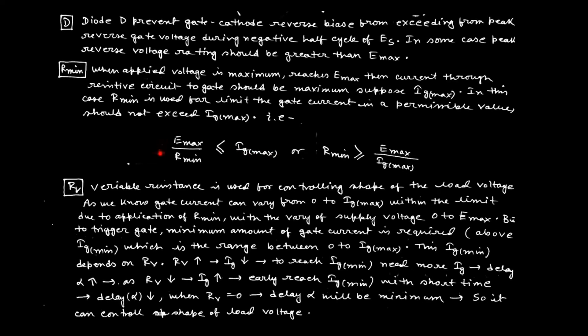This protects the gate terminal from excess current. After simplification, we can write the expression: Rmin should be greater than or equal to Emax by Ig max. This is the actual expression.